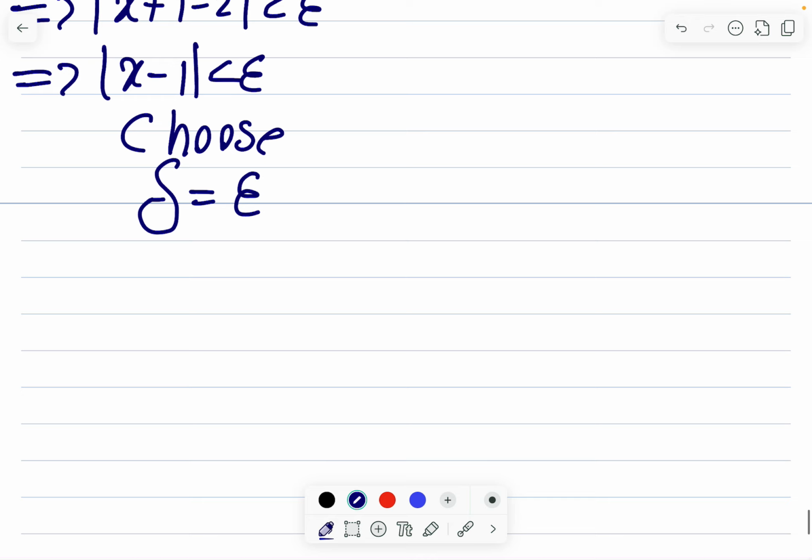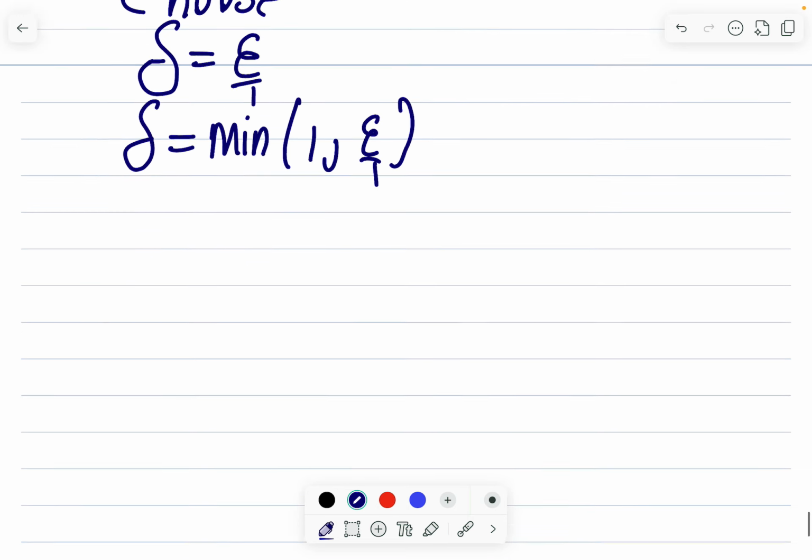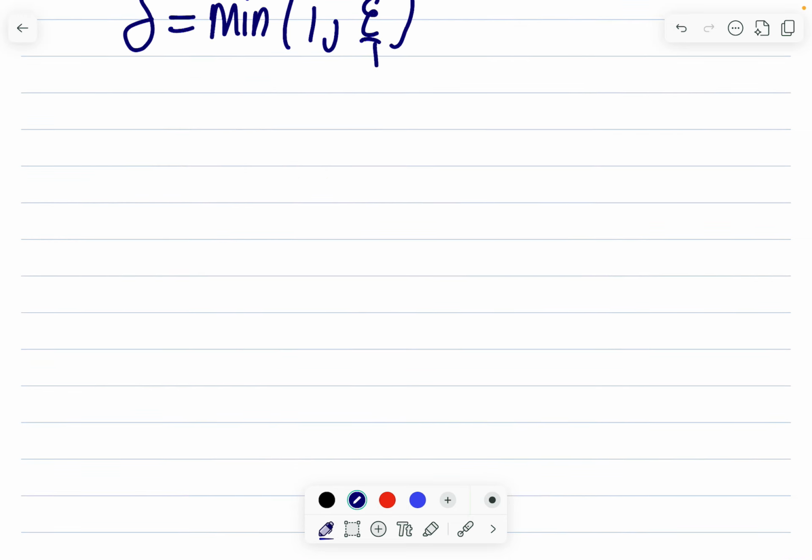Epsilon equals delta. Therefore we're going to have the minimum of 1 and delta, or our epsilon, which is epsilon over something. Can say over 1, still fine. So let's check another question.